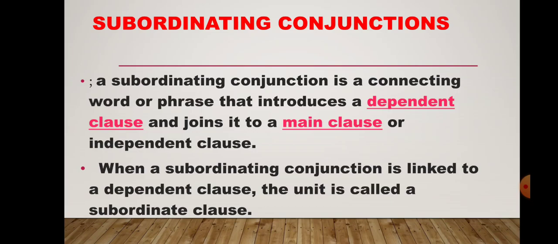What is an independent clause? The part of a sentence that can stand alone and convey complete sense is called the independent clause. When a subordinating conjunction is linked to a dependent clause, the unit is called a subordinate clause. It means we use a subordinating conjunction with a dependent clause.